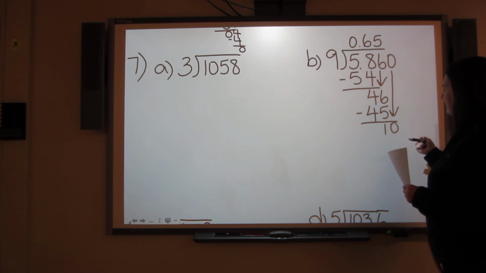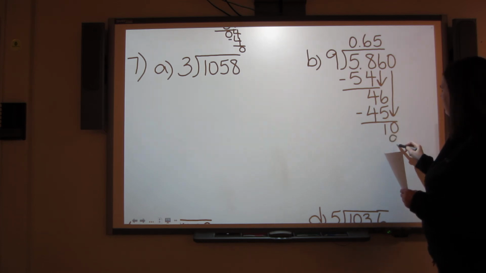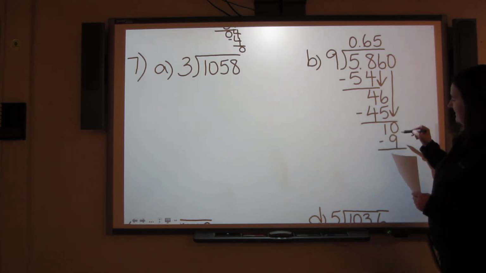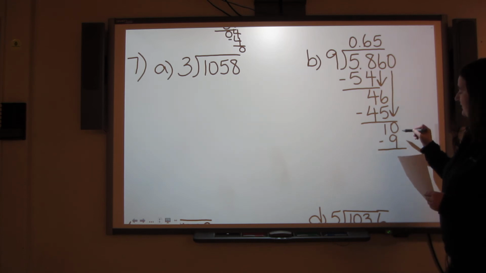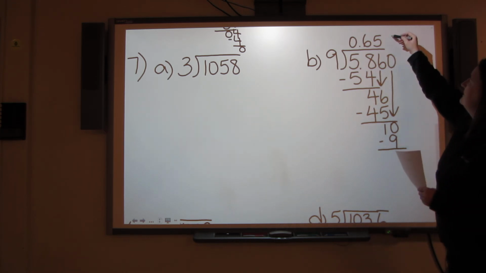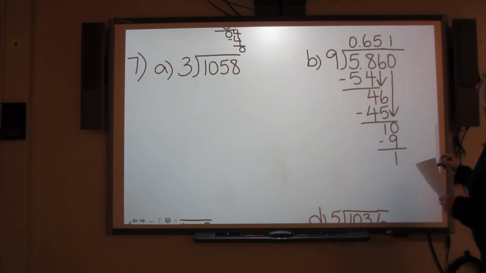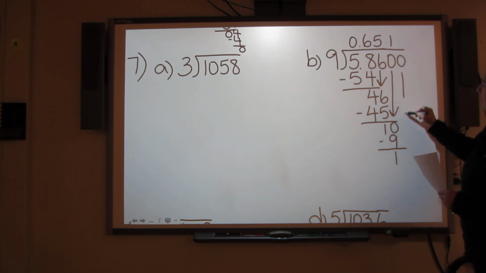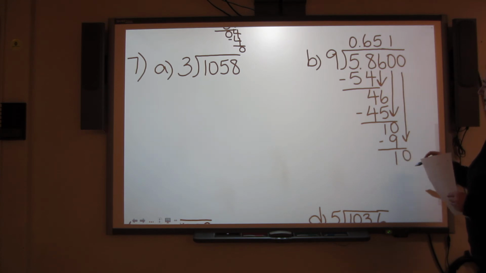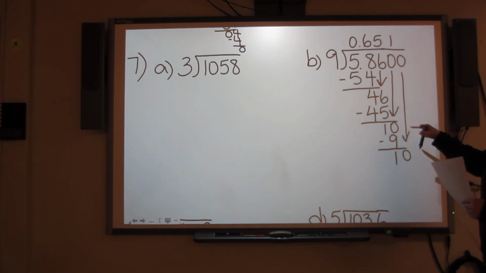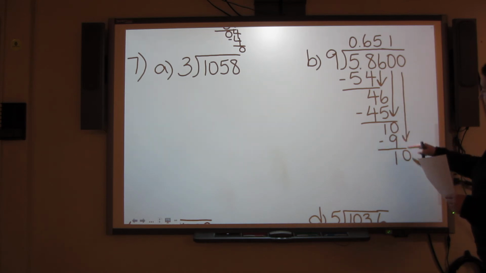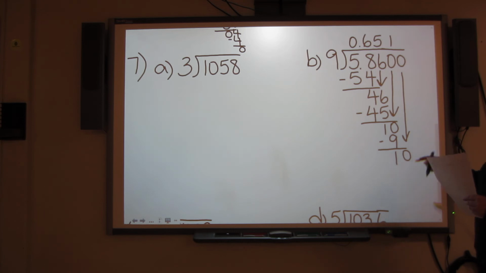9 into 10 goes, the closest thing to 10 in your 9 column is 9. So that's a 1. I have 1 left over. I can drop another 0. But look at how I've got the same number happening again. Remember, when this happens, it's just going to repeat itself over and over.